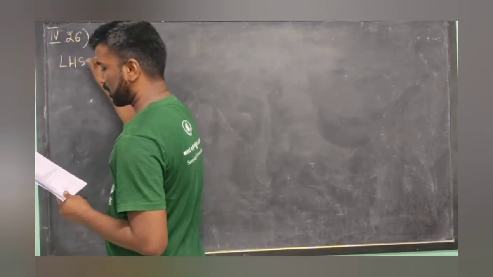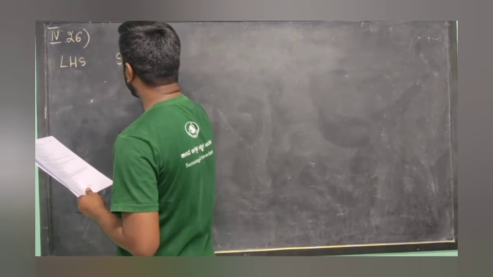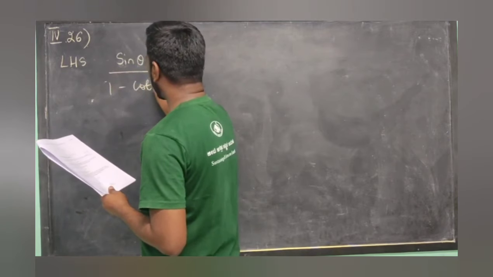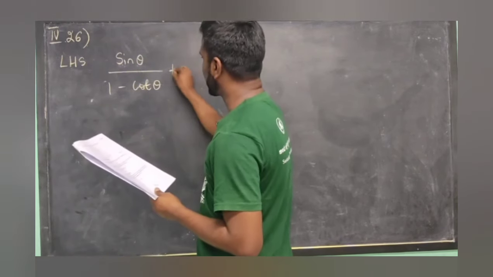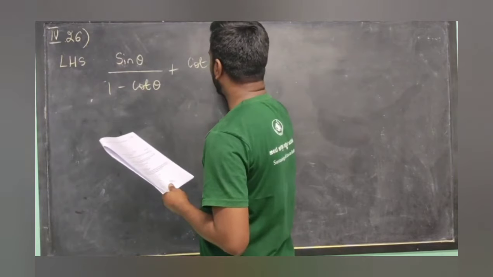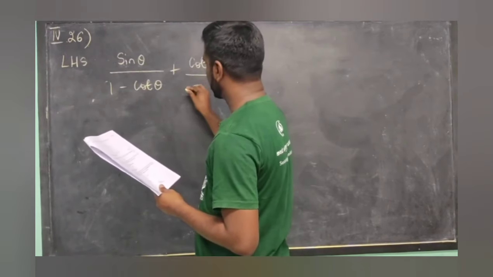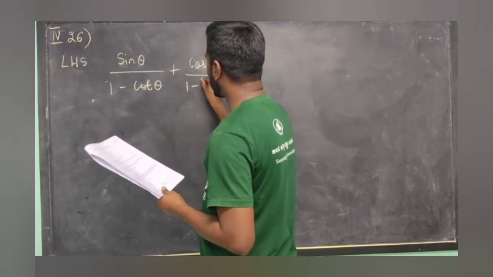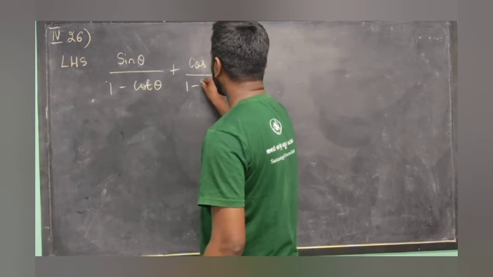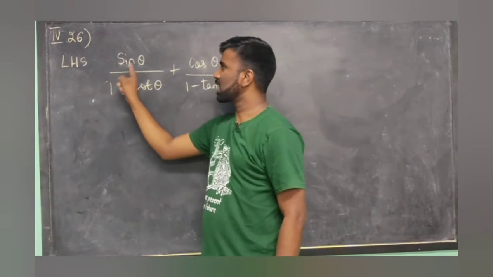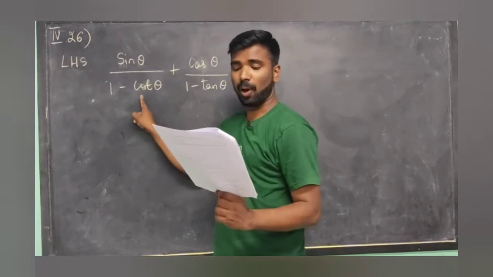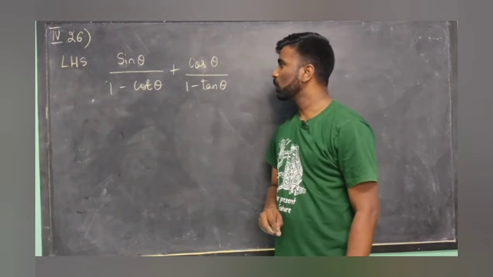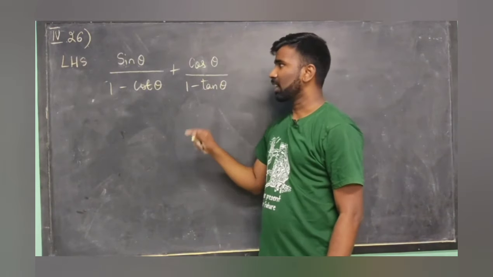LHS is sin theta by 1 minus cot theta plus cos theta by 1 minus tan theta.